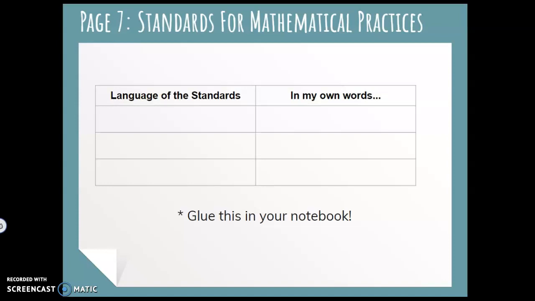Go ahead and pause the video, glue the standards for mathematical practices into your notebook, and fill in the column where it says in my own words. Make sure you read the language of the standards thoroughly. Pause the video and complete this page.